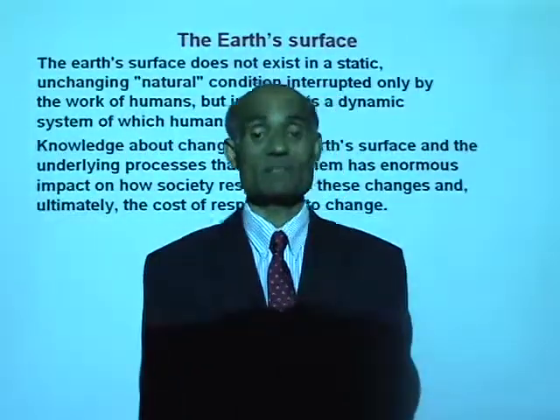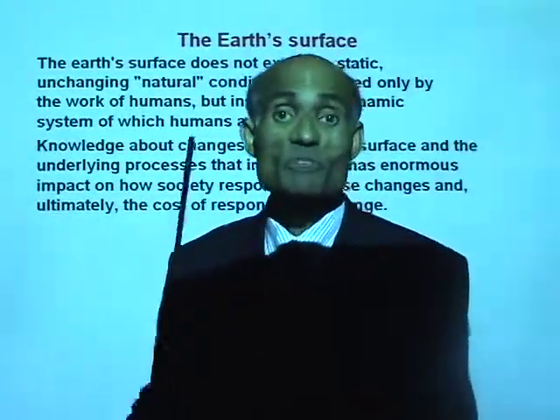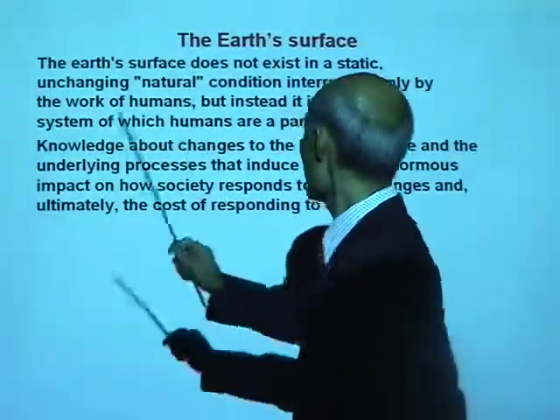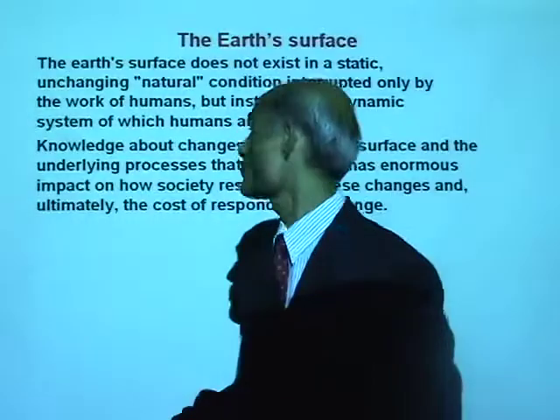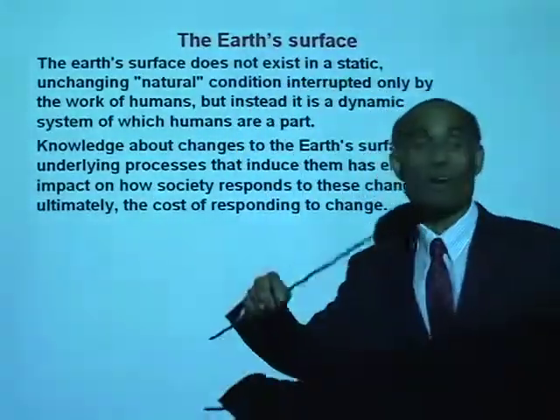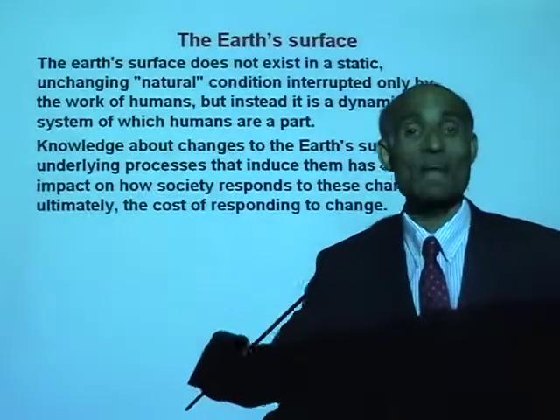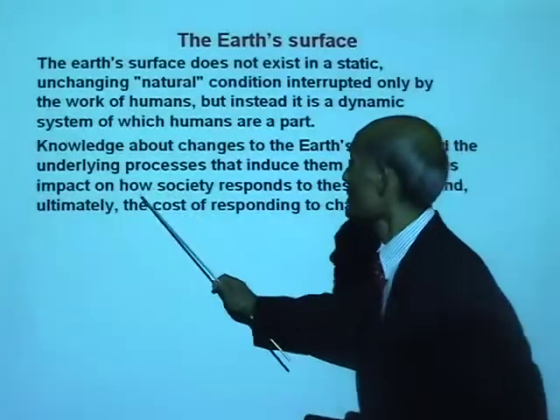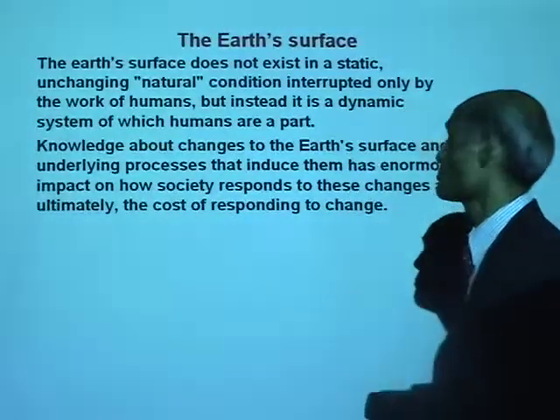Once you have knowledge about the changes of the earth's surface and the underlying processes that induce them, what are some of those underlying processes? We will talk about that. Then society can respond to these changes.